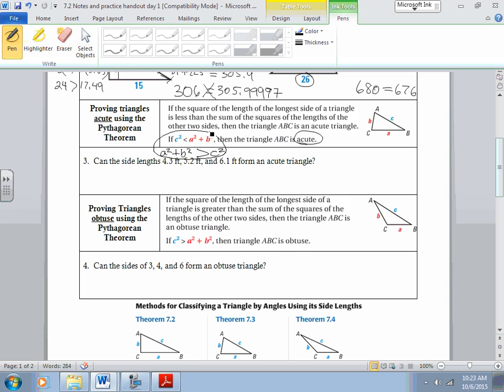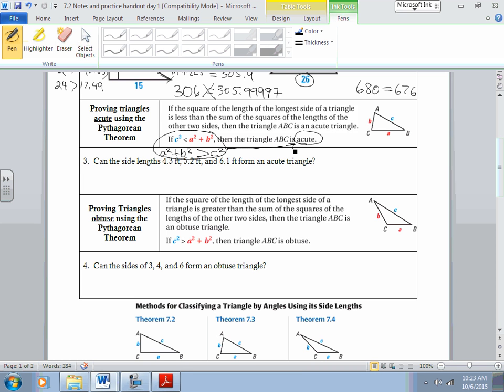That's what I just did right here. If c squared is less than a squared plus b squared, it's the same as saying a squared plus b squared is bigger than c squared. Do you understand that part? Okay. If this happens, that means the triangle is an acute triangle. If it's an acute triangle, that means all of the angles in the triangle are less than 90.